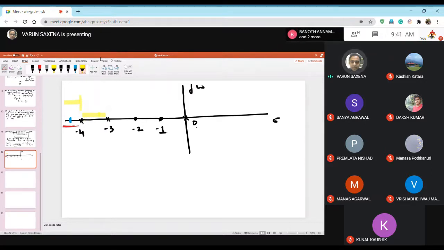Okay, so now we are looking at this region. Let's take a point here in this region. Do you think anything here will lie on the root locus? No, sir. Why?